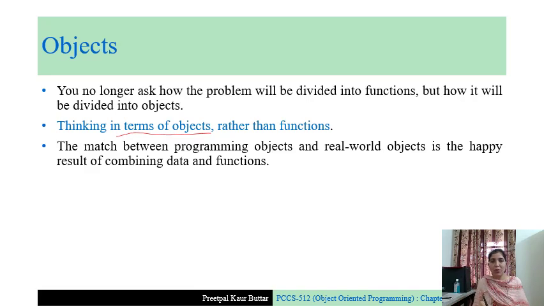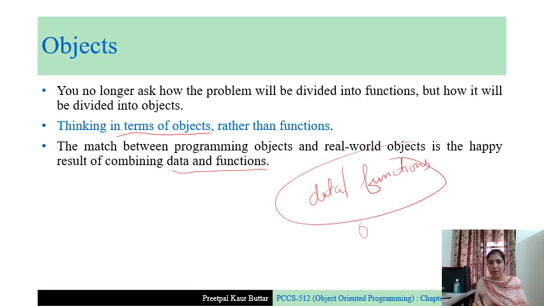The match between programming objects and real world objects is the happy result of combining the data and functions. So what we have done in object oriented programming, we have combined the data and functions. How have we combined them? We have put them into the object.